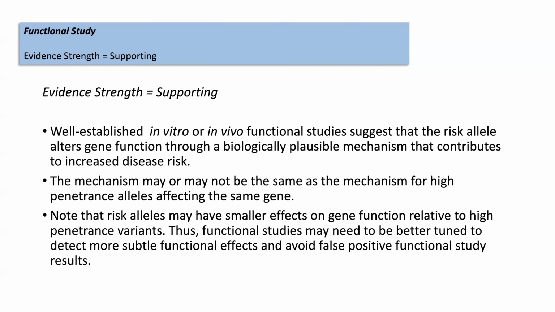So it's really important to have the right controls in place to detect subtle functional effects, such as benign variants and other risk alleles, to really have that assay tuned to show an effect that's true and not give a false positive functional study result.